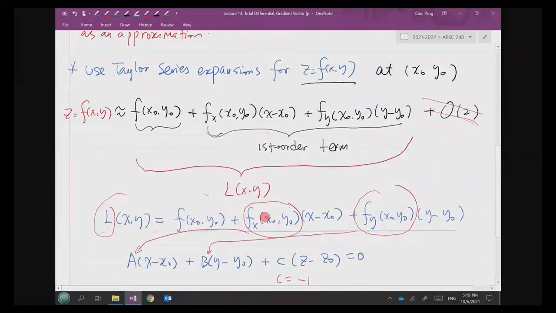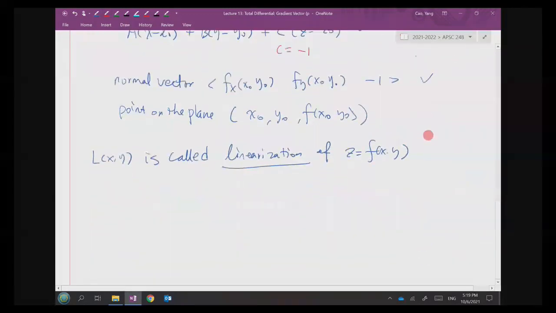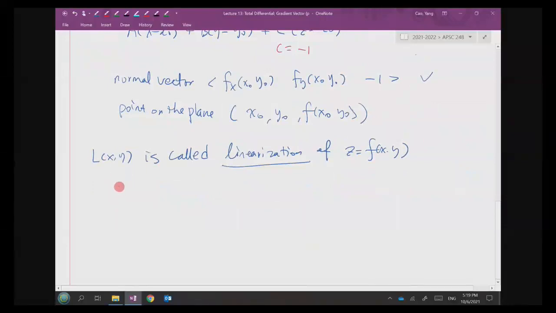Then I'm going to move this f of x naught, y naught from the right side to the left side. Then I will get f of x, y. So maybe I should put on a title first: Total differential.